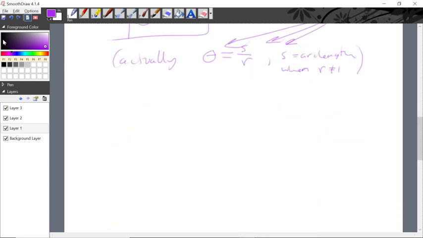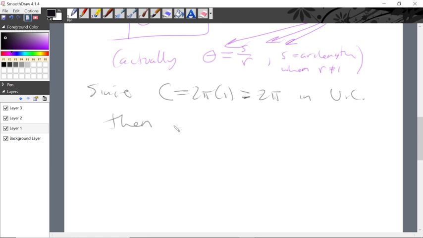All right, so since C is equal to 2 pi times 1, which is equal to 2 pi in the unit circle, then one rotation through the unit circle must correspond, right?